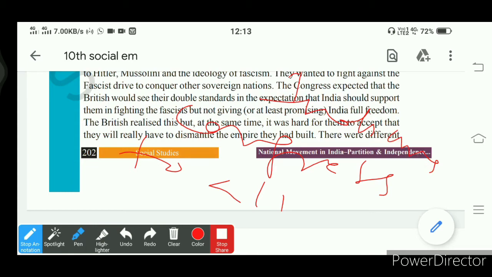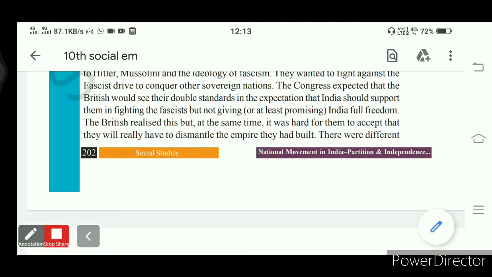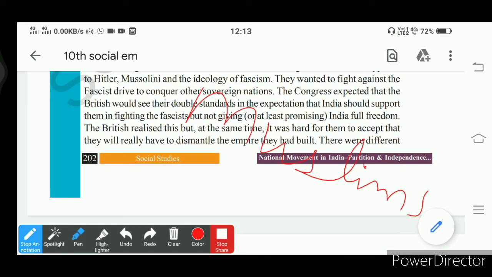That was the question raised by the British government. Understand? Especially that Congress is not representing the Muslims. This is the question raised by the Britishers. Understand? So that means it is the policy Britishers used, that is what you call the divide and rule policy, my dear students.